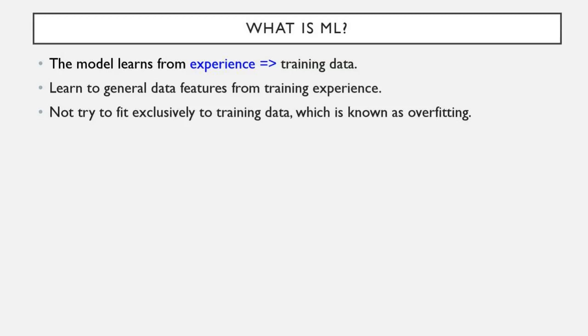Now, normally thinking, what features of the house do you think are important? Somebody could say, well, the size of the house, the number of bedrooms of the house, and other such obvious features.